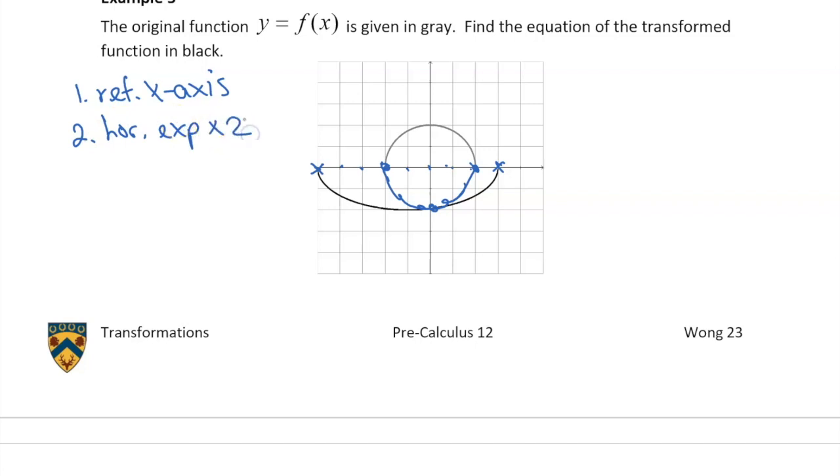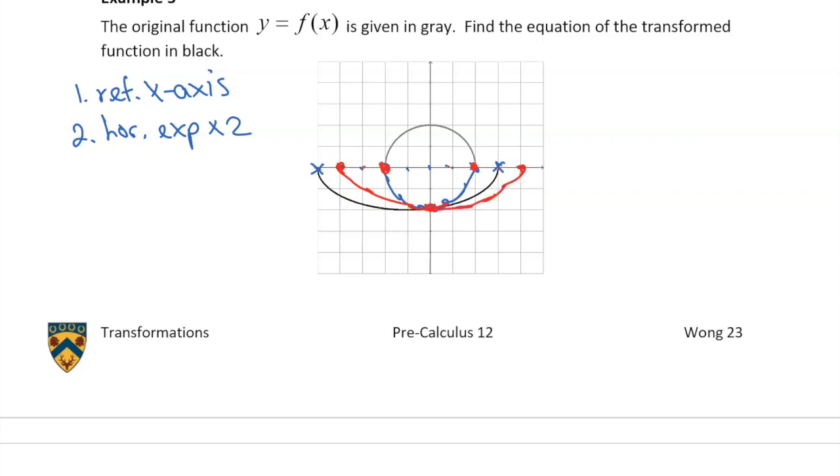So we are doubling our horizontal value, which means we have a horizontal expansion by a factor of 2. If you perform that operation on our graph right here, and you take this point and this point and this point, and we horizontally expand that by a factor of 2 and double our x values, you would get something that would look like that.